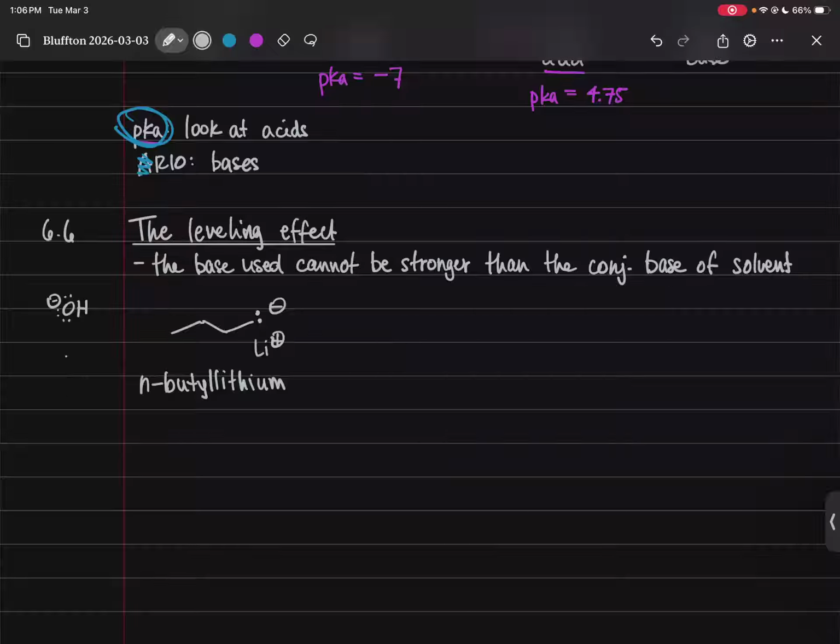You can look at the conjugate acids of these, water and butane. And the pKa of water is 15.7. And the pKa of butane is like 50. It's very high.